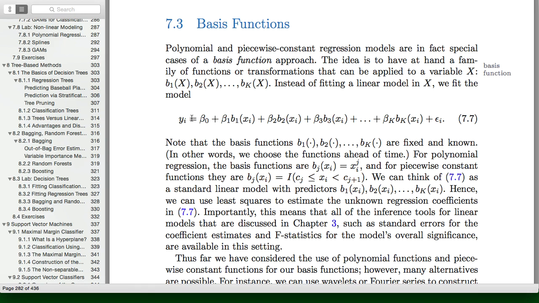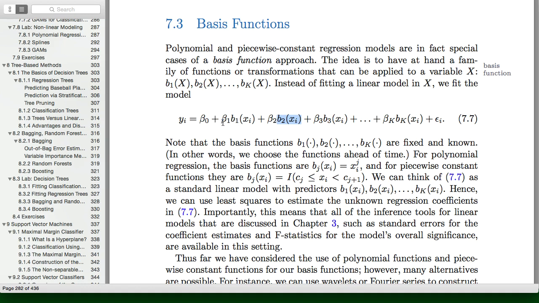So this is a general way to do things, and you could think, instead of just applying constants or just applying polynomials, you might be able to do something else with this. For each one of these terms, remember what we're estimating are these coefficients.